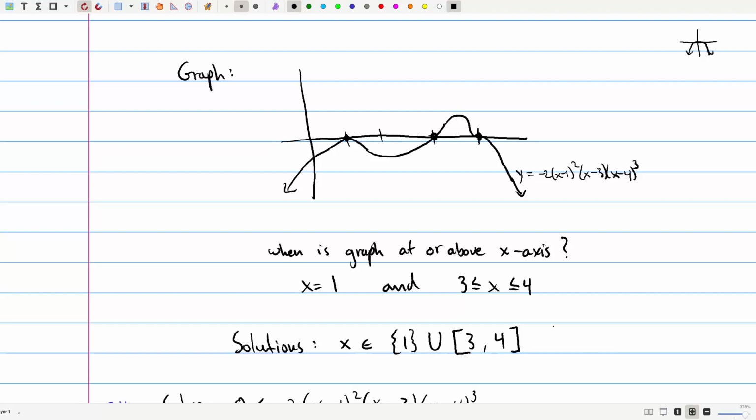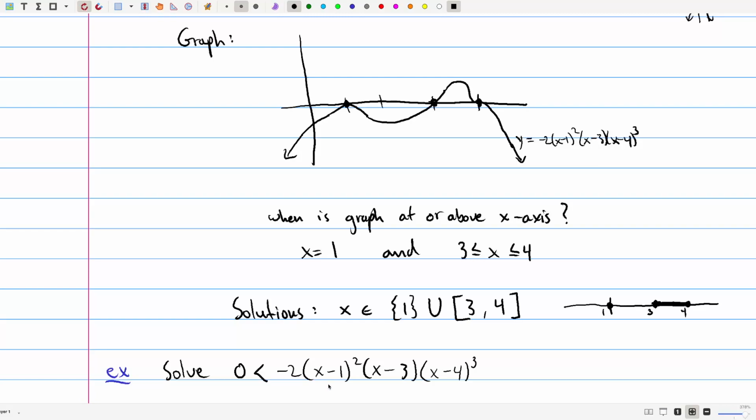And let's write this as a number line. So it's 1, and then also from 3 to 4, and we make the line bold in between to indicate that those are all included. So that's one way of writing a solution set graphically.